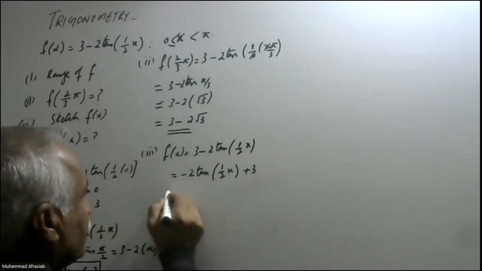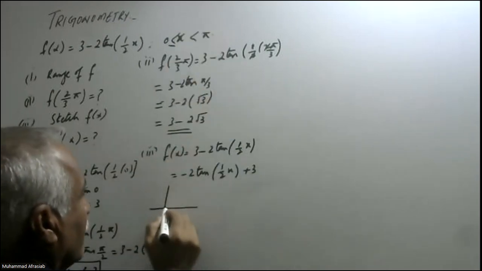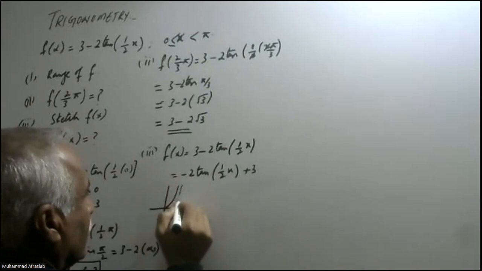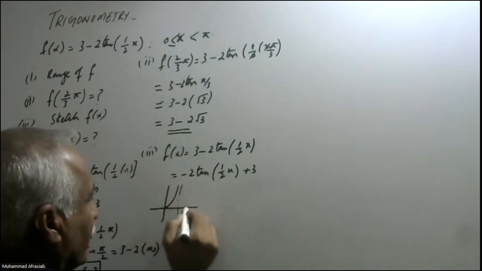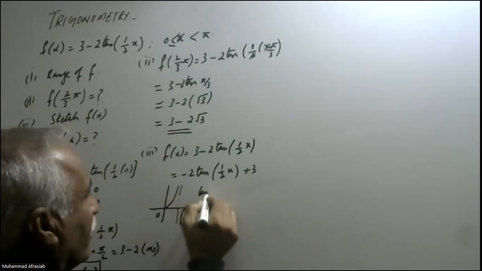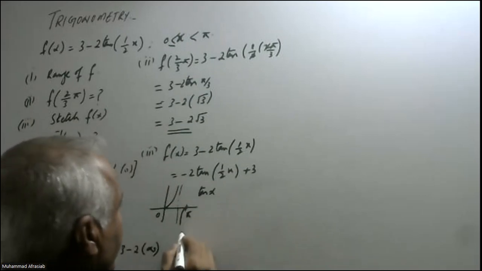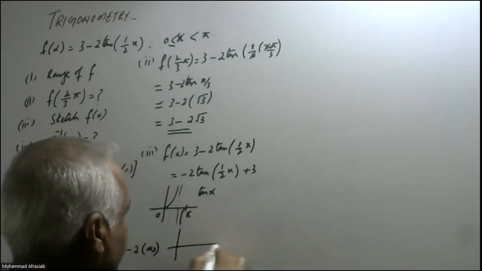For this, the range is from 0 to pi. This is the graph of 0 to pi for tangent of x there. Then it is tangent of half x.